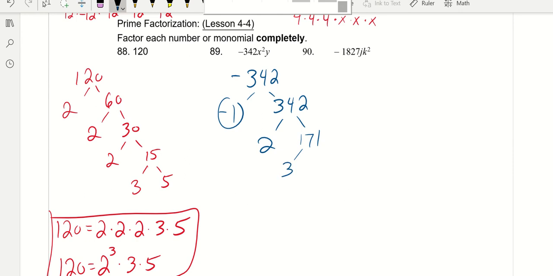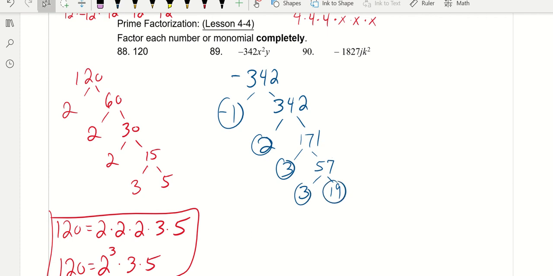This is going to be 57. Let's check for 3 again. 5 plus 7 is 12. We can divide this by 3 again. That's going to be 19. So 19 is prime. So 2, 3, 3, and 19.